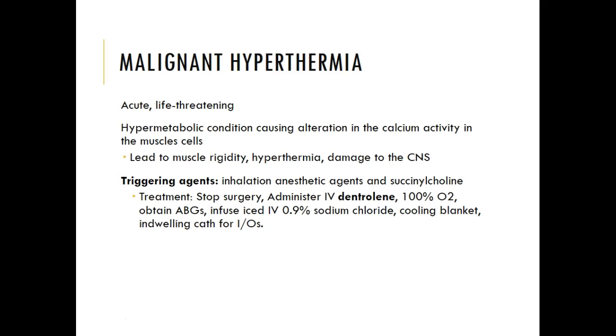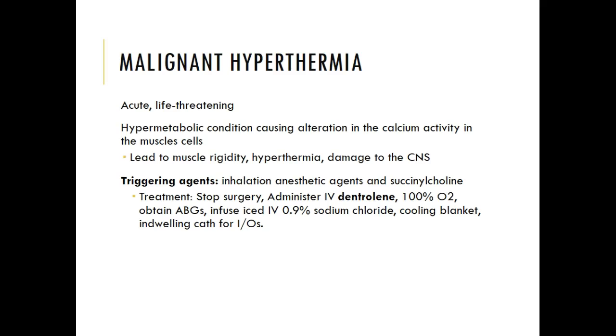So really, the treatment is to give them IV dantrolene, which is basically a muscle relaxant. It takes 2 nurses to mix and administer. So the moment that there's suspicion, surgery has to be stopped. So it's not one of those things of, oh, we can kind of continue on. No, surgery must stop.